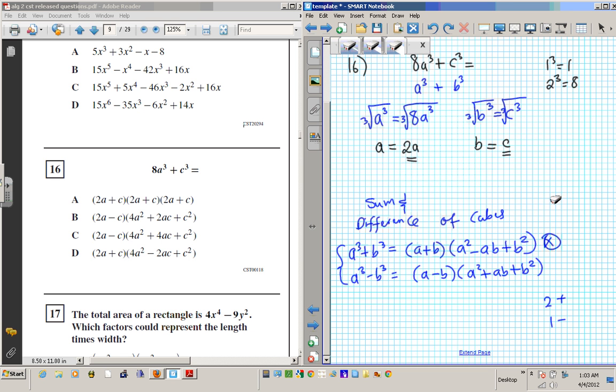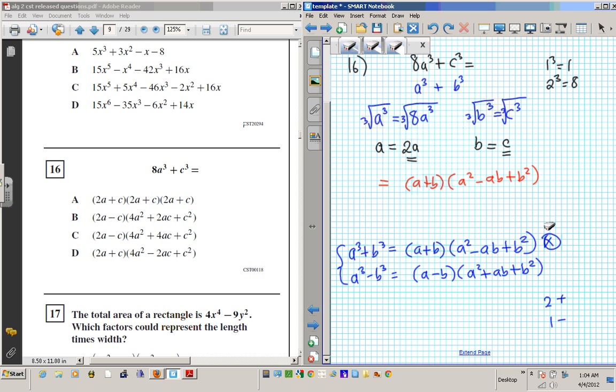Let me rewrite the formula so that we do not lose track. The formula basically is a plus b times a squared minus ab plus b squared. So that's what I'm going to be plugging in right now.